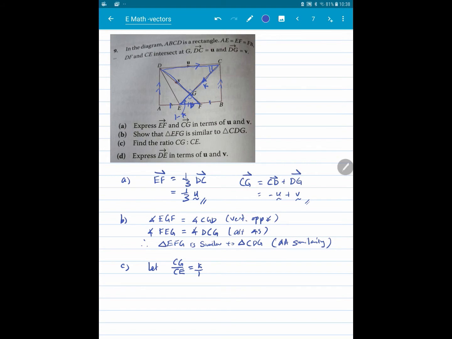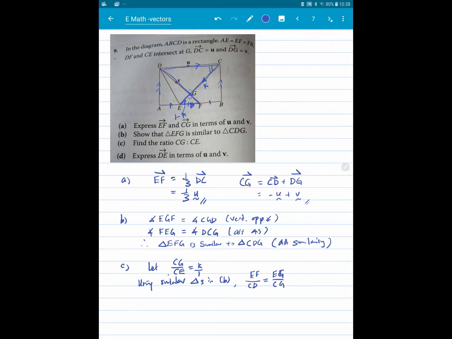So using the similar triangles that we have found in B, I can say that EF over CD is the same as EG over CG, by reason of similar triangle properties.